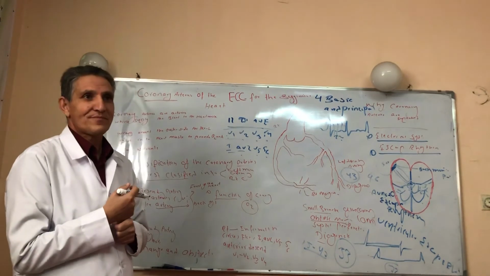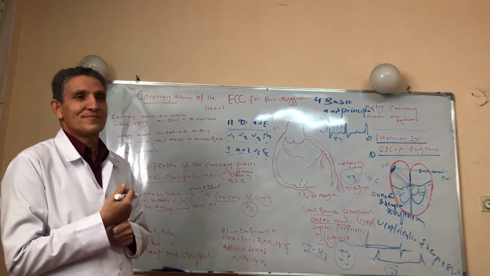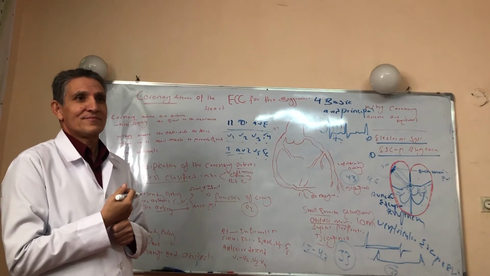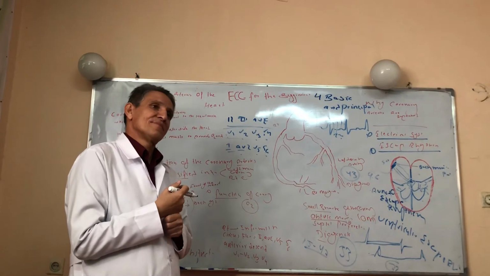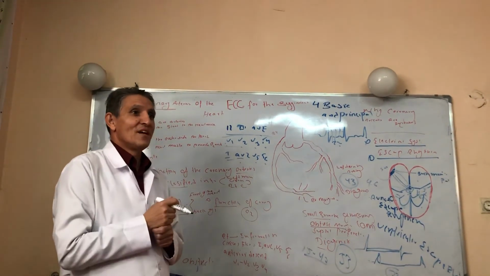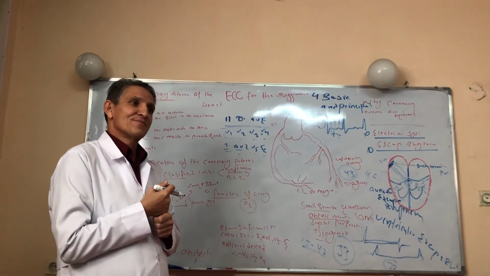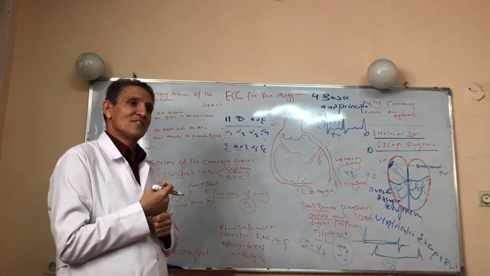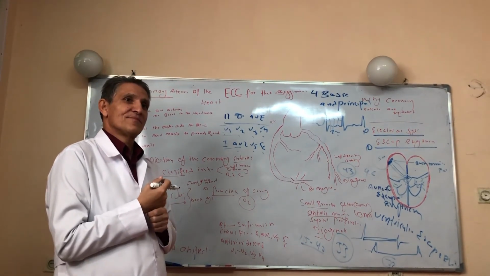The electrical part begins with the SA node, then the interatrial bundles, which conduct the electricity to the AV node, and after the AV node is the bundle of His. Then the right bundle branch and left bundle branch, and the left bundle branch is divided into anterior and posterior fascicles, and the last one is the Purkinje cells.